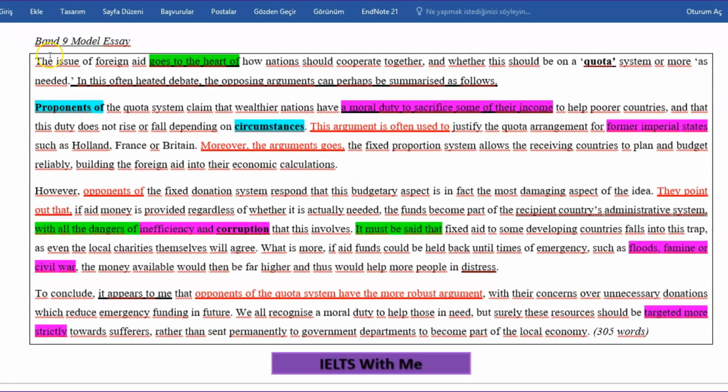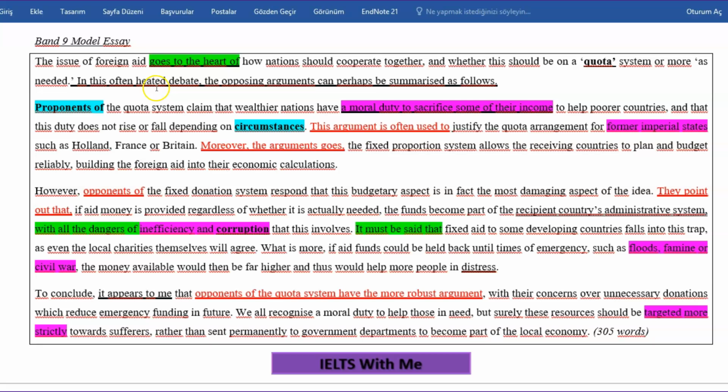Here we are going to see a Band 9 model essay and analyze it, okay? The issue, the challenge, the question of foreign aid goes to the heart of how nations should cooperate together and whether this should be a quota system or more as needed.